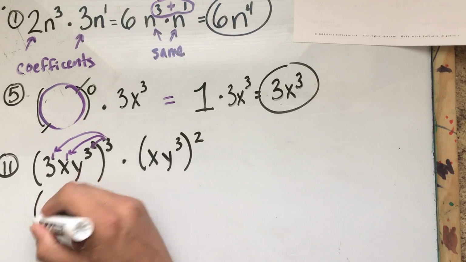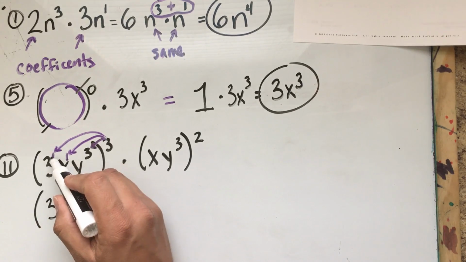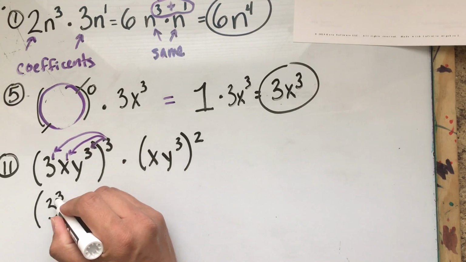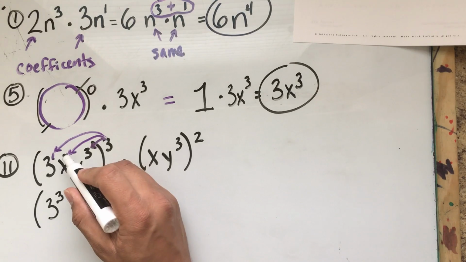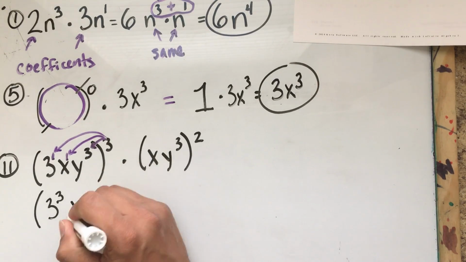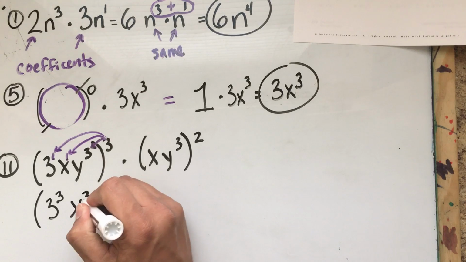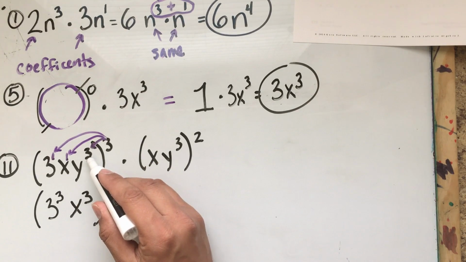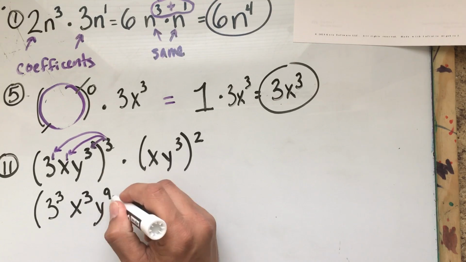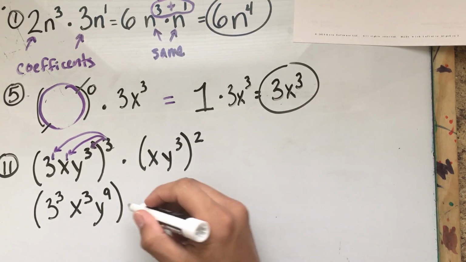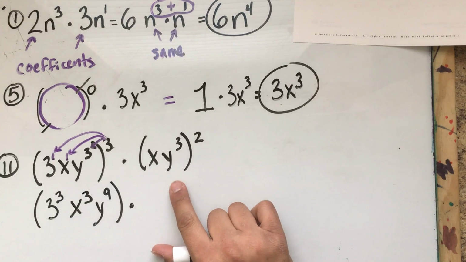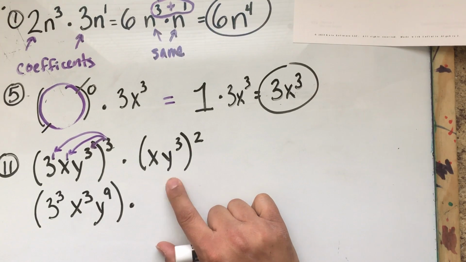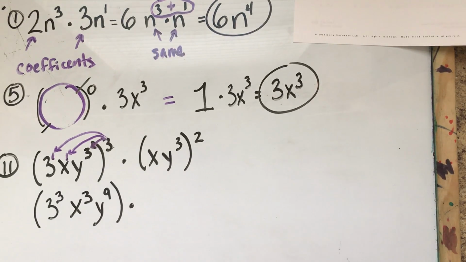This is going to become 3 to the 1 times 3 is 3. X to the 1 times 3, so 1 times 3, that's going to be 3. And then y to the third power, so then 3 times 3 is 9. Okay. And then we're going to repeat that same exact rule for the next one. Okay.